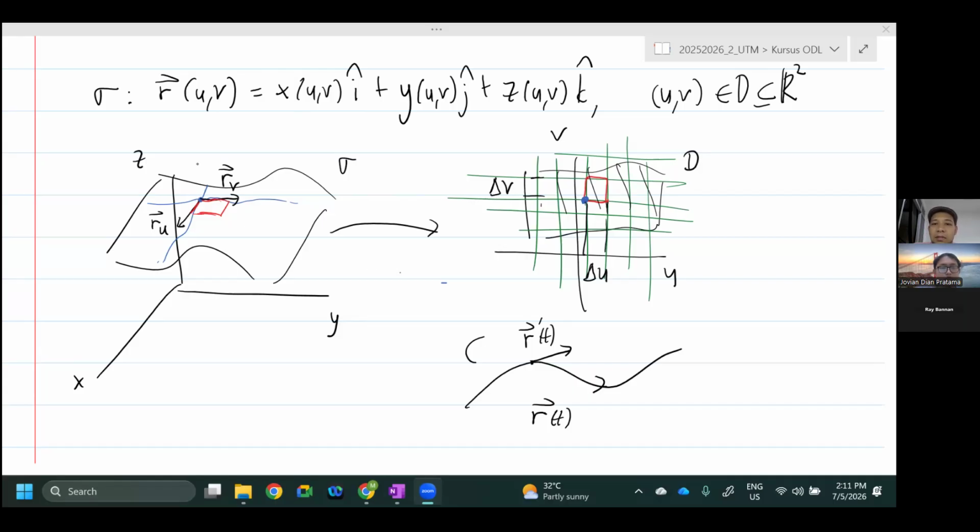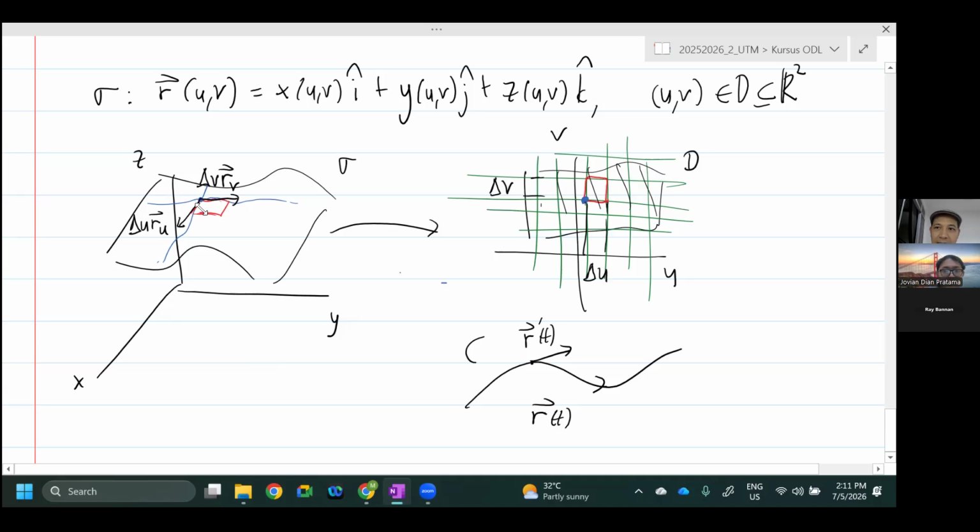So I will use this change as the magnitude for this vector. For example, I will multiply this one by delta V here, and this one by delta U here. So this will be the magnitude, a scalar for the vector. All right, so now I have everything here.